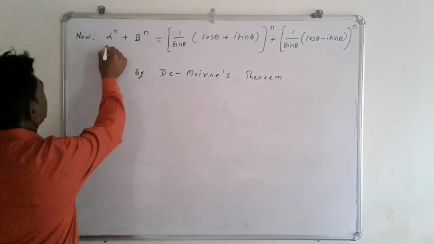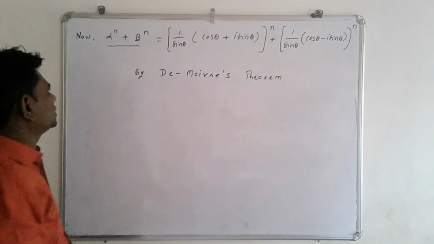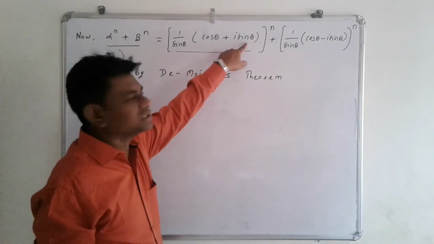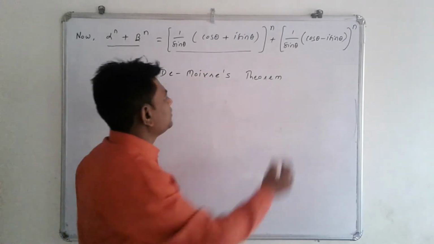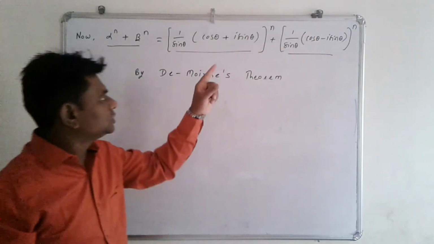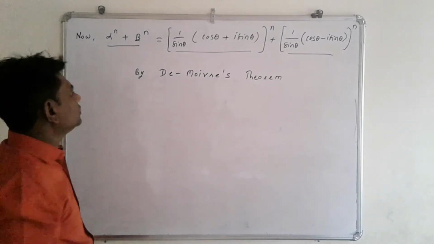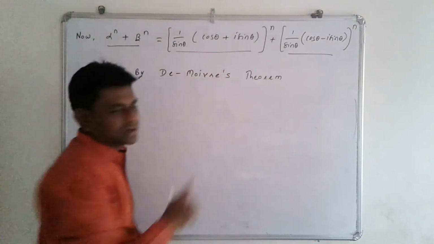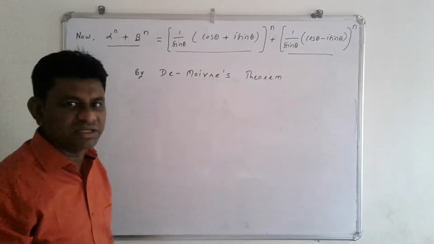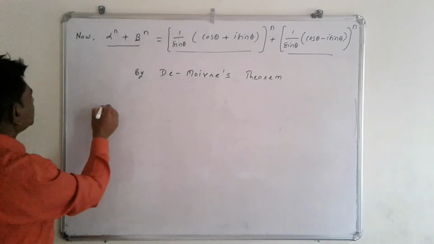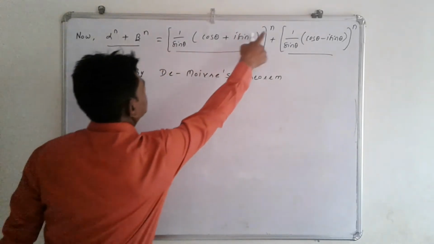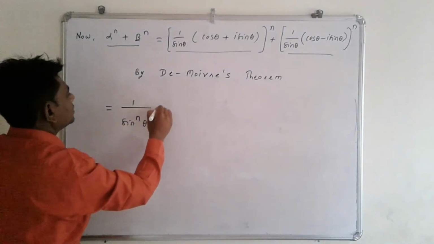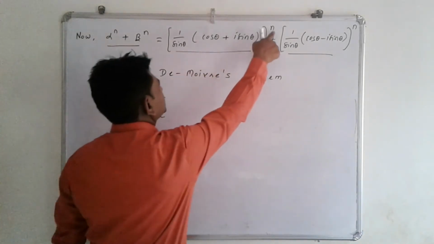Therefore, alpha to the power n plus beta to the power n is equal to, now here alpha is 1 upon sin theta times cos theta plus i sin theta to the power n, and beta is 1 upon sin theta times cos theta minus i sin theta to the power n. Now by De Moivre's theorem, cos theta plus i sin theta to the power n, answer is cos n theta plus i sin n theta. So this is equal to 1 upon sin theta to the power n, answer is 1 upon sin n theta, times cos theta plus i sin theta to the power n.